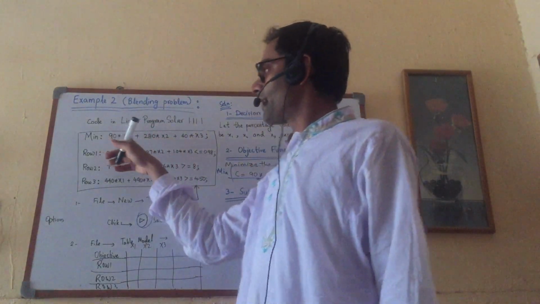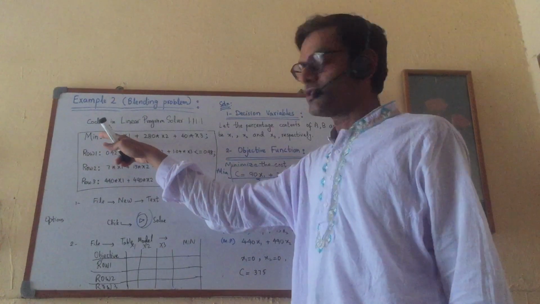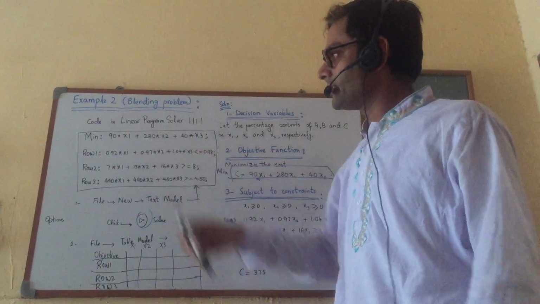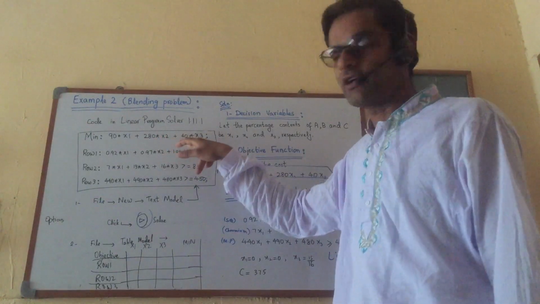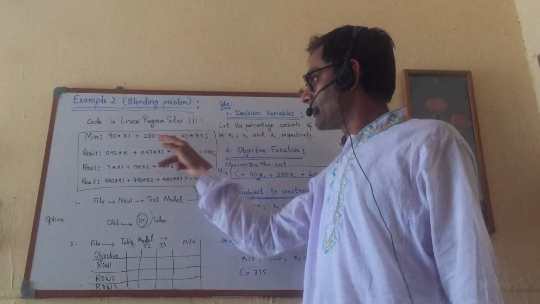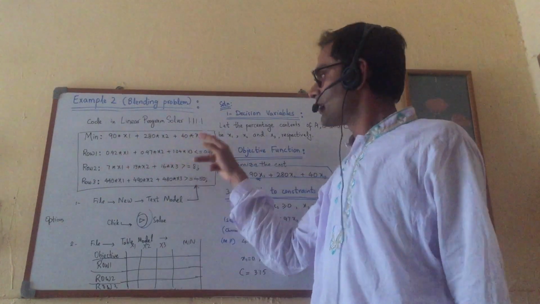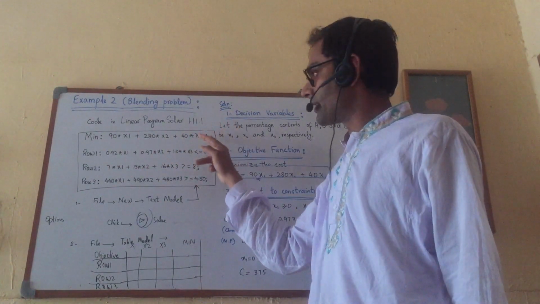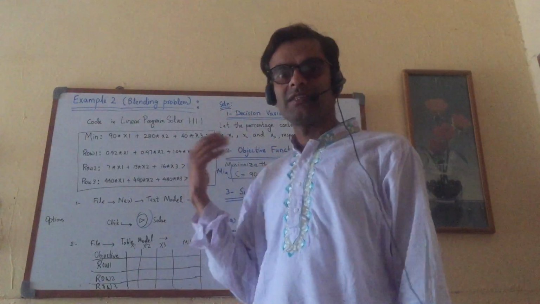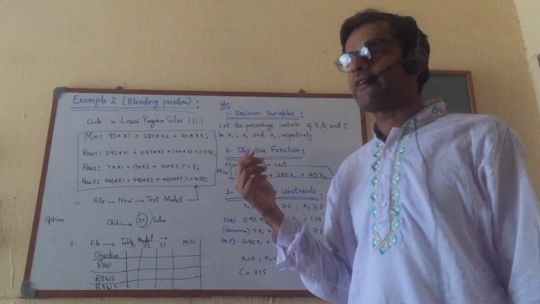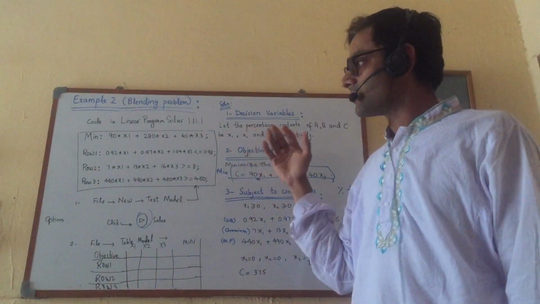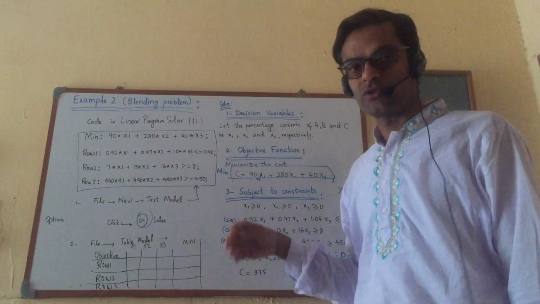So our objective function is 90 times x1 plus 280 times x2 plus 40 times x3. At the end of every statement, you must write a semicolon. This is the terminator. In C++ and C language, we use this semicolon for separating different statements.